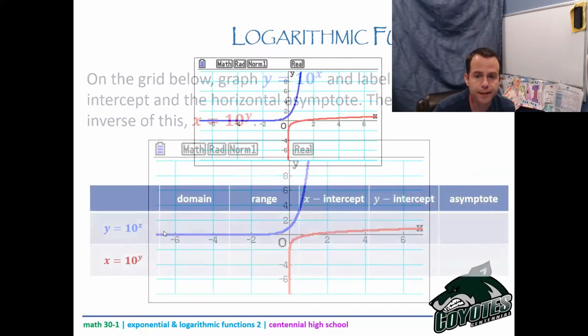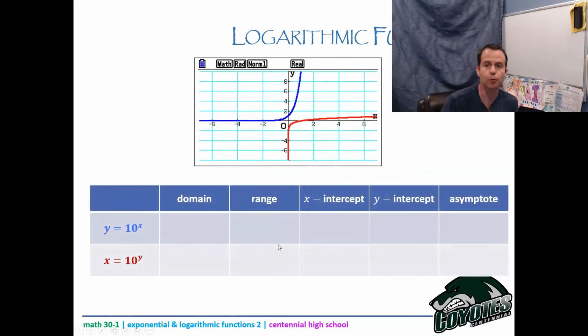So you've got this table that I was referring to that I'm hoping you've already filled out. The domain for y equals 10 to the x, the blue graph here, was real. The range will be greater than 0. The x-intercept there isn't any because of the horizontal asymptote, and the y-intercept was at (0, 1). And then we had an asymptote, just like I said, at y equals 0. Now, for the red graph, x equals 10 to the y, the domain now becomes x is greater than 0.